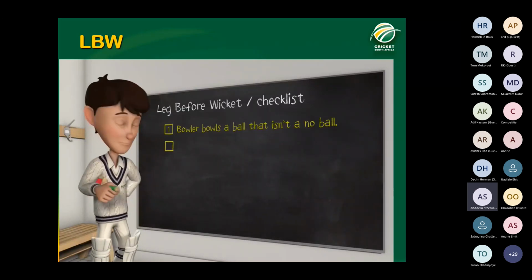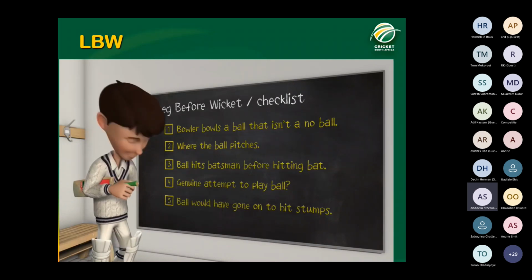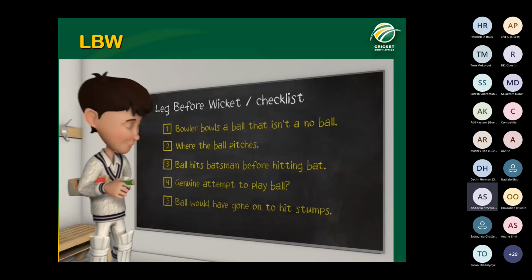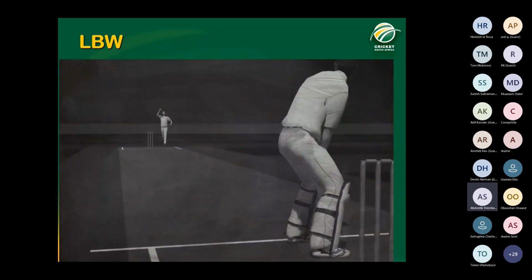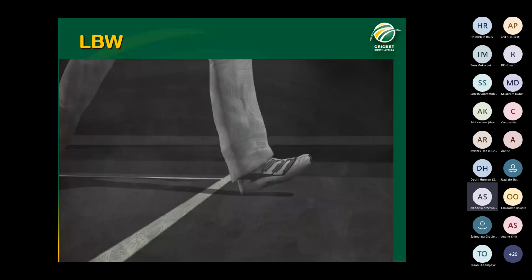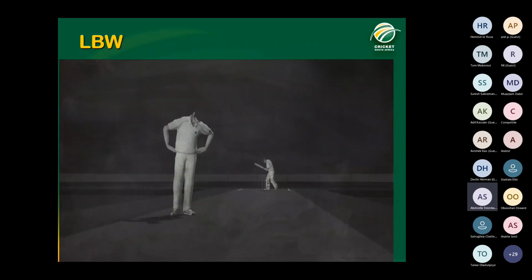Our handy checklist means that whether you find yourself umpiring an international test match or the kids on the beach, your reputation for fairness will remain intact. There are 5 basic criteria to consider. The batsman is out, leg before wicket, if 1. The bowler bowls a ball that isn't a no ball, unlike this poor fellow. 2.